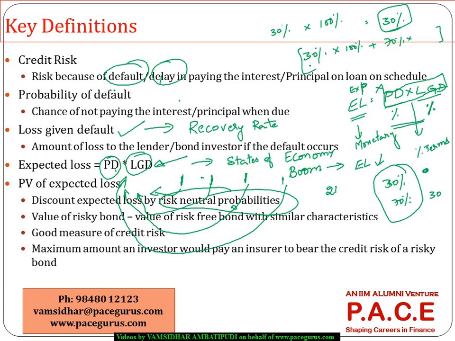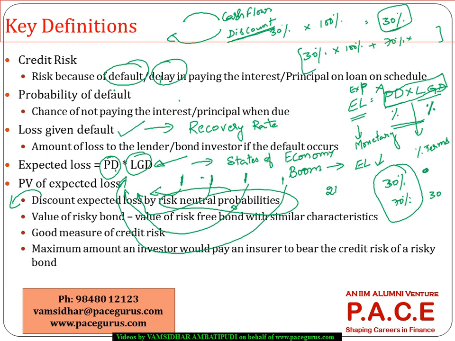The time value, the discounting which I am doing, is also a kind of discounting factor. Here, when we are bringing the future values to the present values, there are cash flows, and there is a discounting rate.